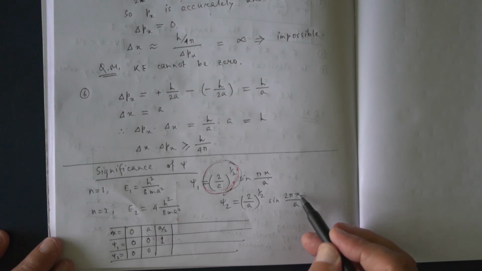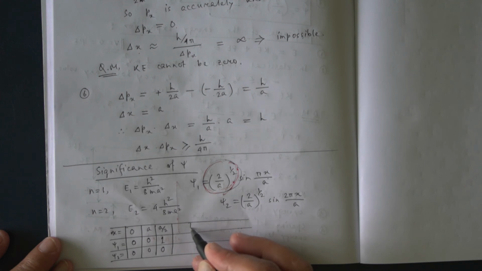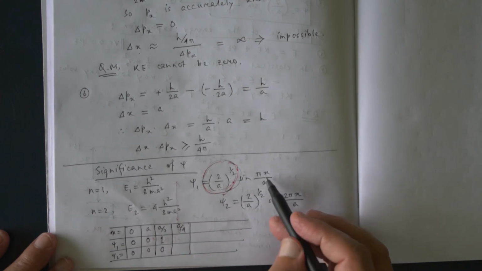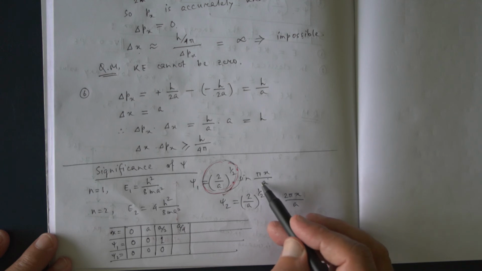Then at a, sin pi is again 0, and again 0. Then say a by 4, sin pi by 4, that means sin 45, which is 1 by root 2.